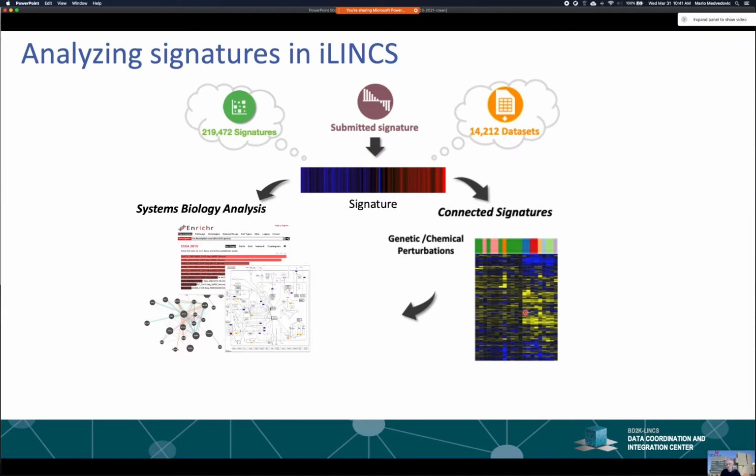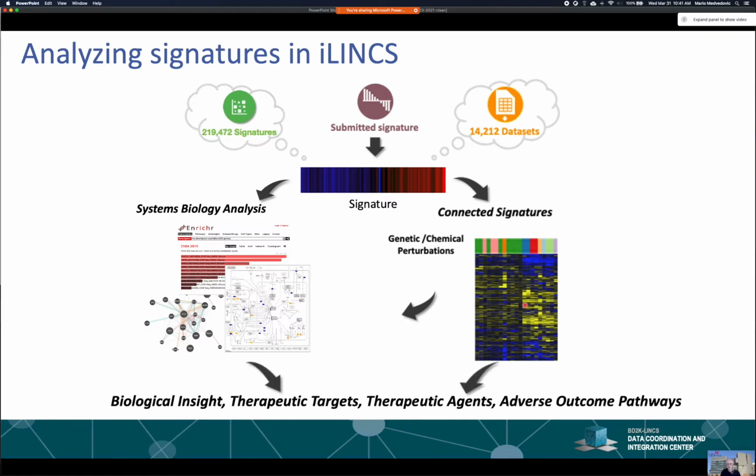In some cases, as I demonstrated with this mTOR pathway, this can offer dramatically improved precision of your analysis. So ultimately, this can lead to biological insight, targets, and adverse outcome pathways in this case.